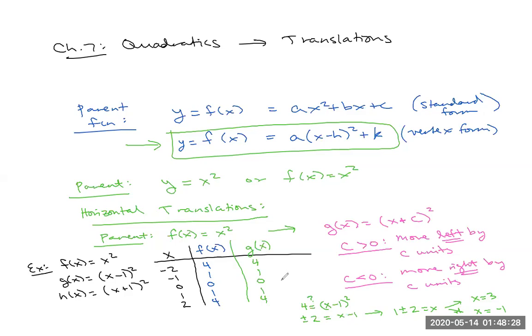Okay, so essentially, we're going to split this up here. The x values that we would need to get 4 would be -1 and 3.